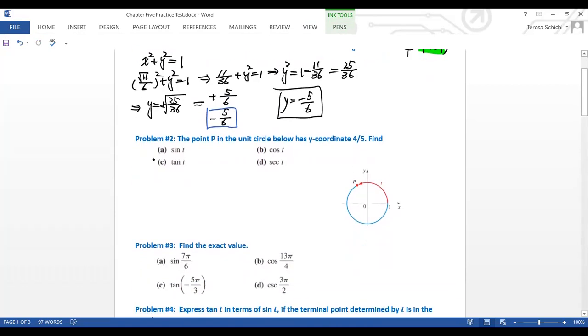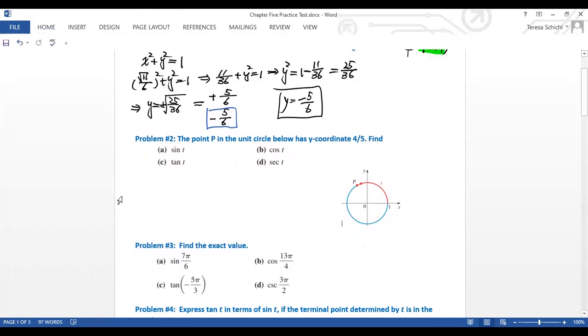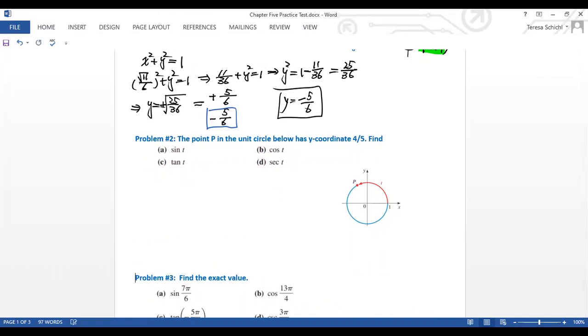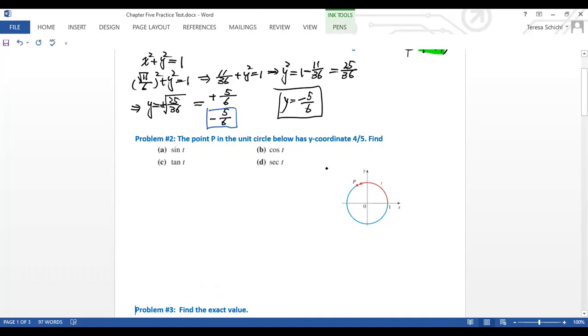The next one here is a very similar problem, right? So let me get a little bit more space so we can work on it. Okay, so now let's take a look. Let's say the point P is in the second quadrant, and y equals 4/5 here. Let's try to find all these functions here.